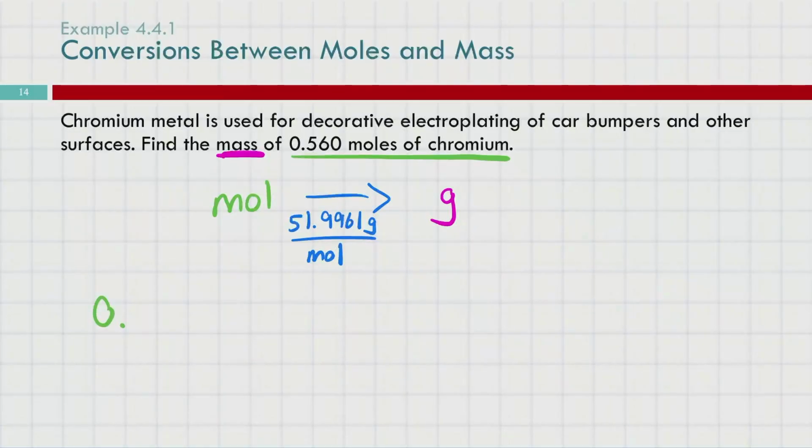So our calculation will set up with moles chromium multiplied by our molar mass.